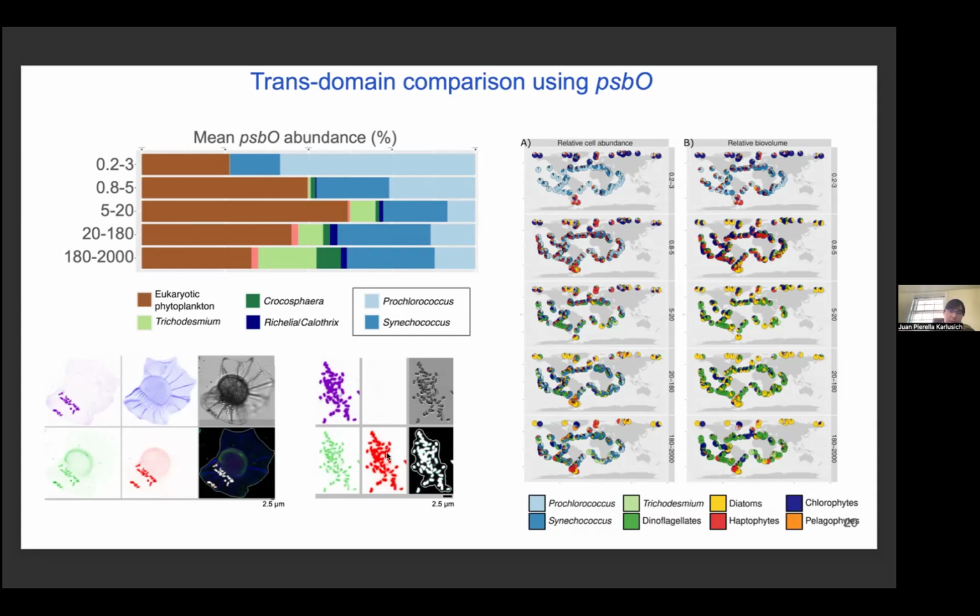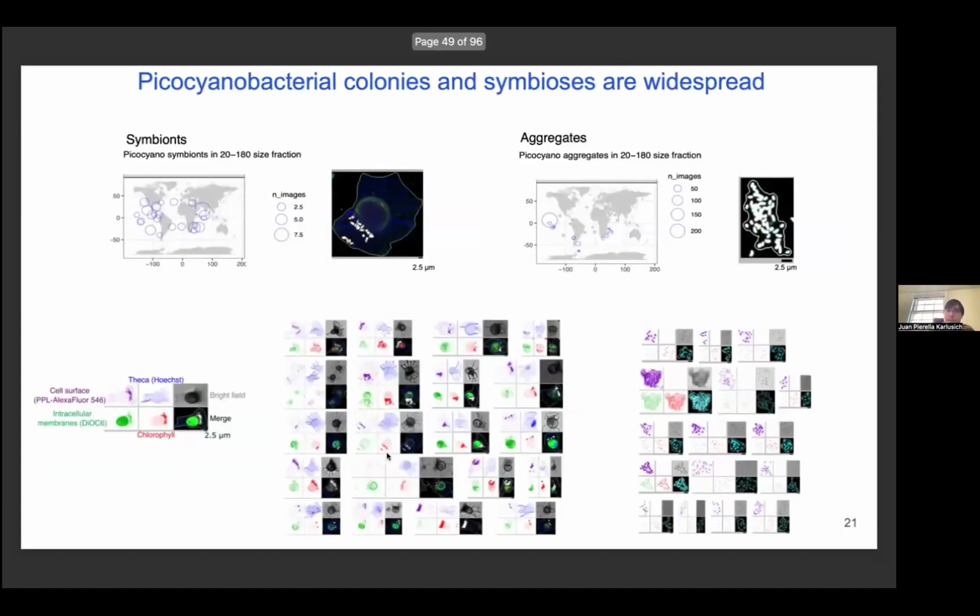This type of symbiosis or these aggregates has been reported in the literature, and actually Rachel was one of the first researchers reporting this type of symbiosis. The unexpected thing was that it was very abundant and widespread. Here you can see again, at the global level, the symbiosis and the aggregates.